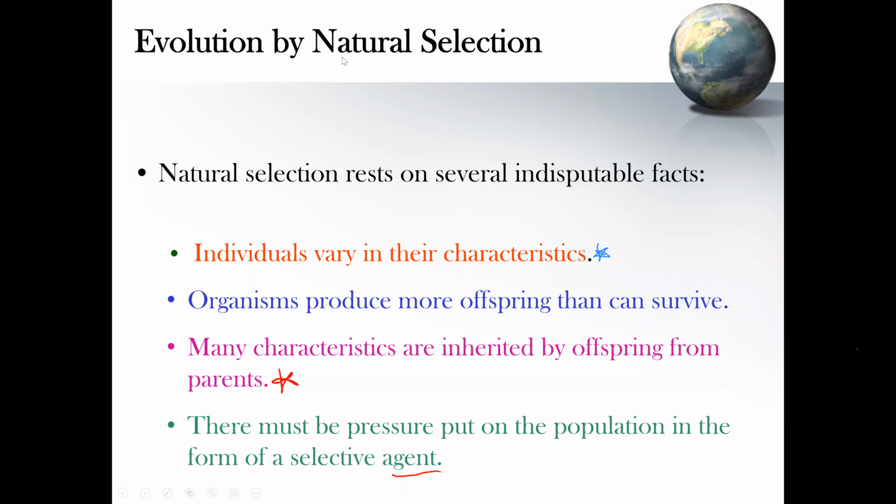Now that can be predation, like the fox or a bird. It could also be lack of shelter or lack of resources. Lack of resources, predation, anything that is allowing some of the organisms to survive while others do not survive.